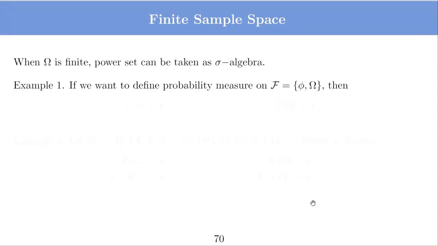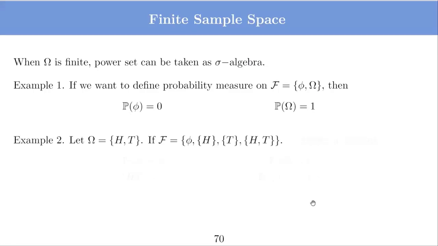That is by definition of probability measure. There is no ambiguity here. So we can say probability of phi is 0 and probability of omega is 1. These are the probability measure definitions. I have defined it for both elements of F. There is nothing else to define. So we have defined omega, F, and P, and these will make the probability space.